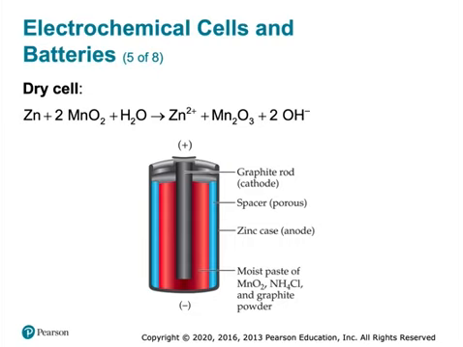Looking at this picture, the graphite rod in the middle is the cathode, and you make sure it's not electrically touching the anode, because if so, the battery will just discharge and you'll get a dead battery by the time you have to use it.